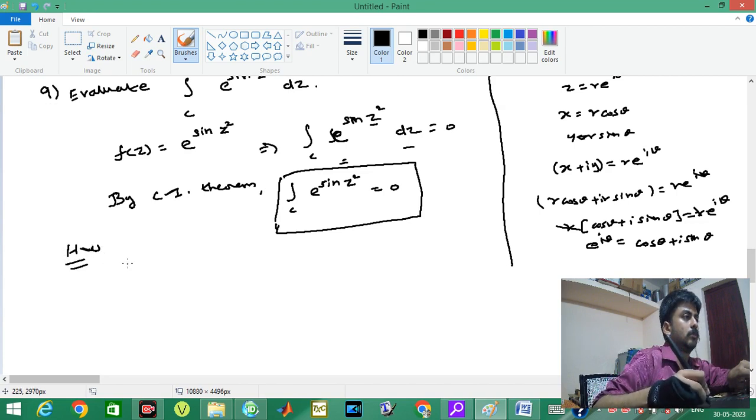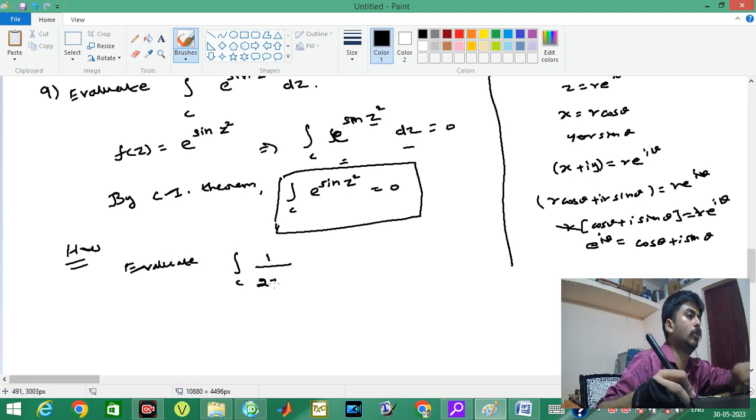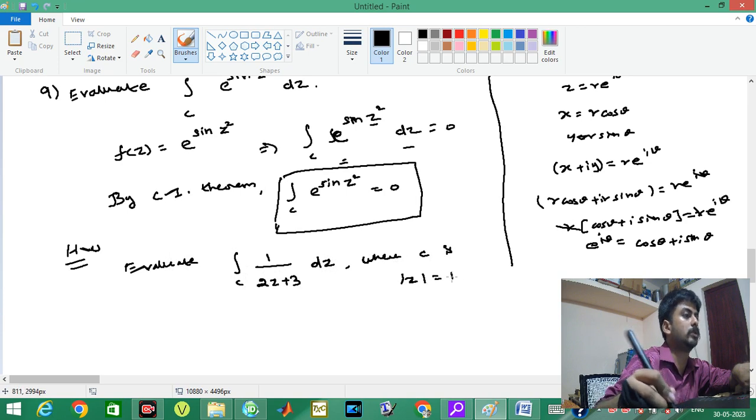Homework is: evaluate the integral over C of 1 divided by 2z plus 3 dz, where C is the circle given by modulus of z equal to 1.